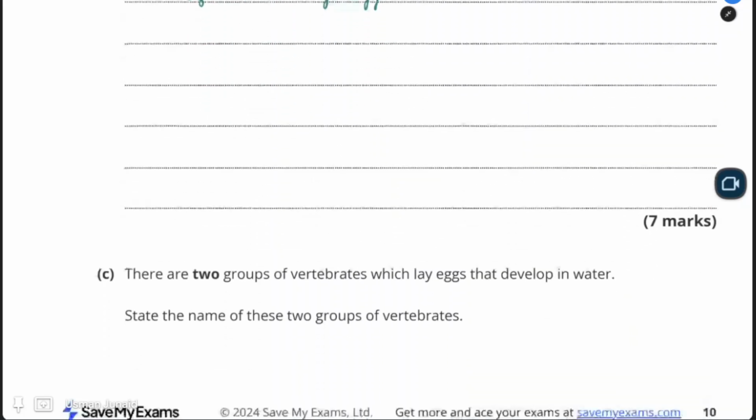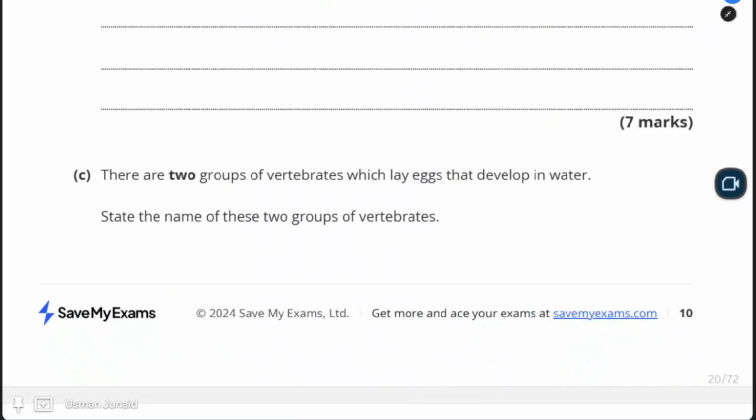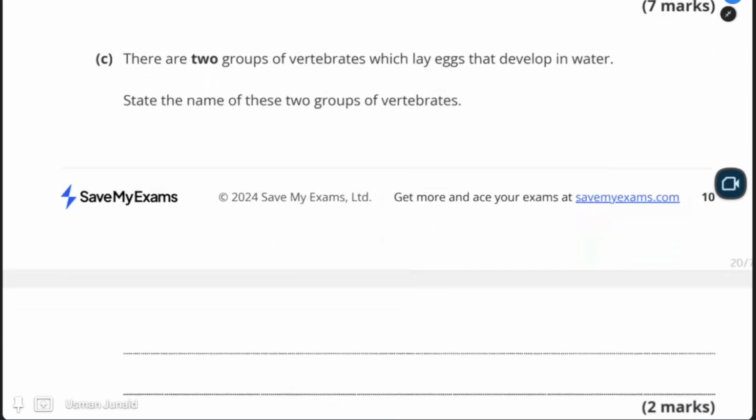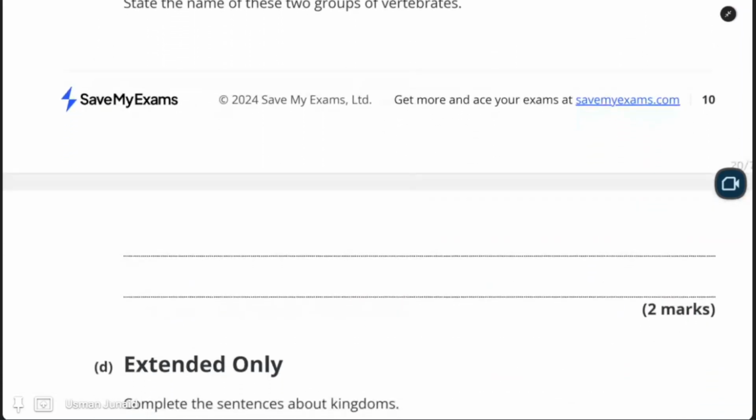Right? So there are two groups of vertebrates which lay eggs that develop in water. State the name of these two groups of vertebrates. So, can you tell me them?